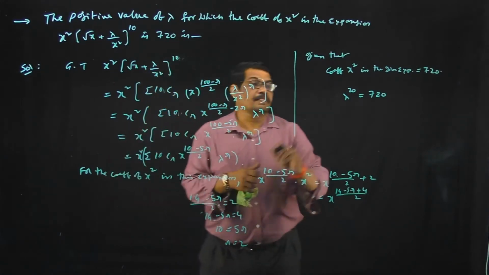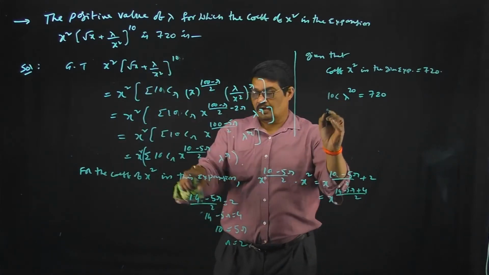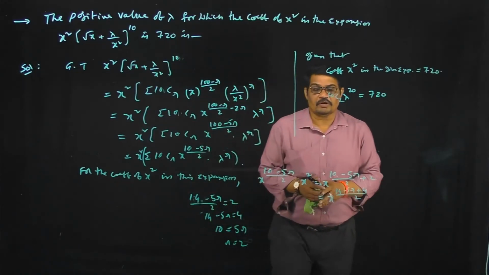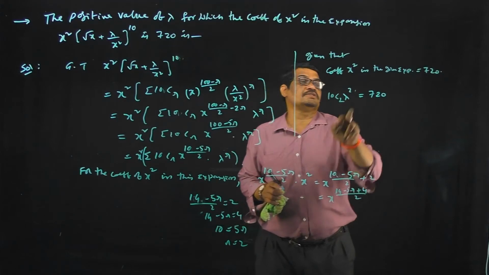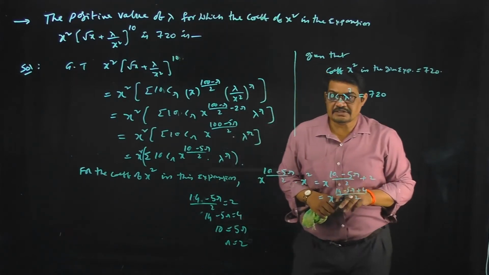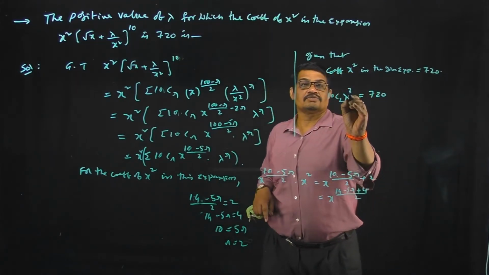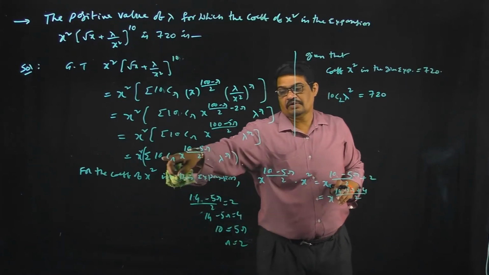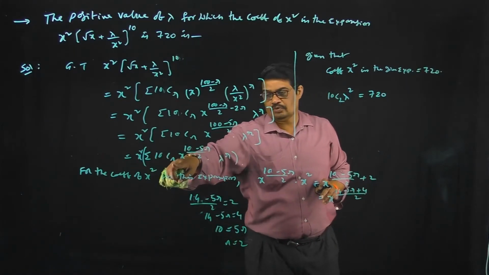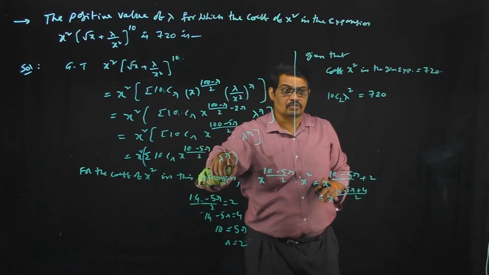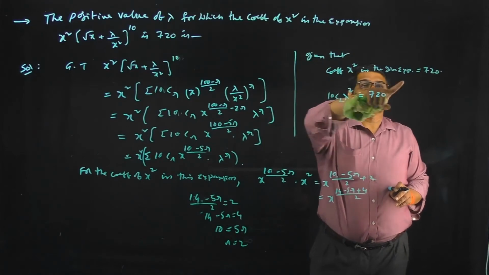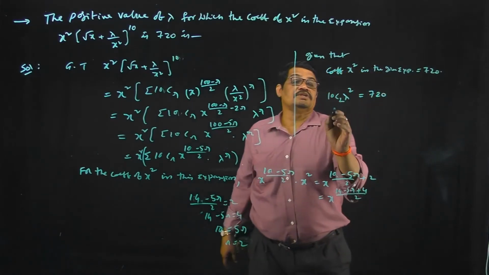Okay, 10C r, r is 2, 10C2 into lambda to the power of r is 2, so 10C2 into lambda square. So r we have taken as 2. Then what is the coefficient? 10C2 into lambda power 2. That is the coefficient of x square in this given expansion. So that is 720.